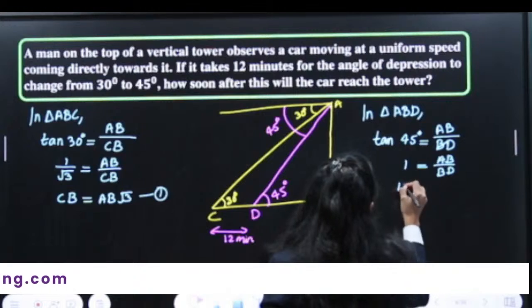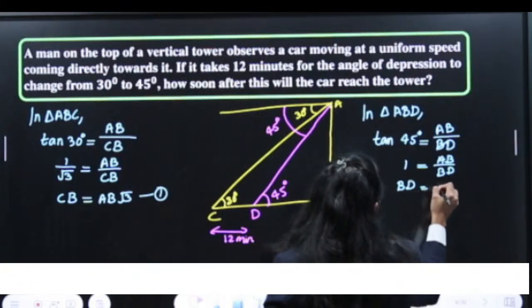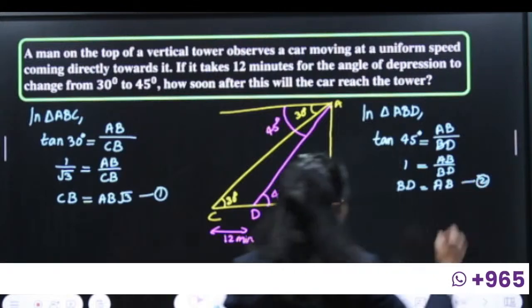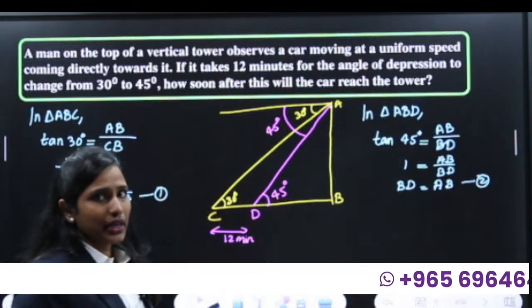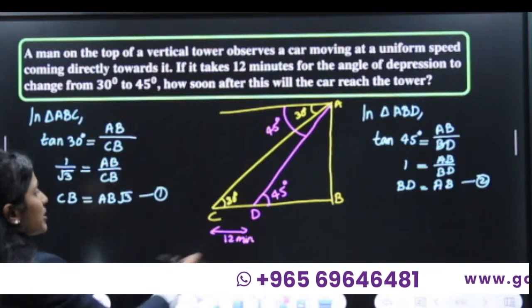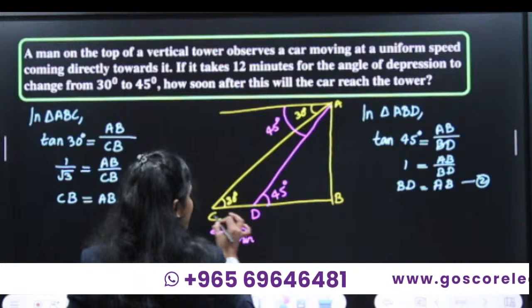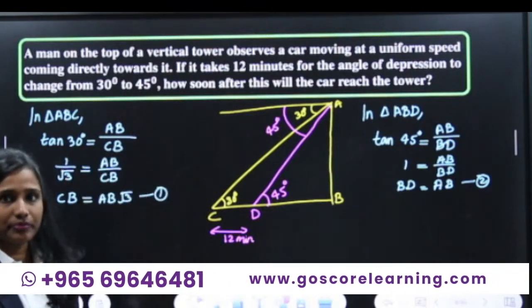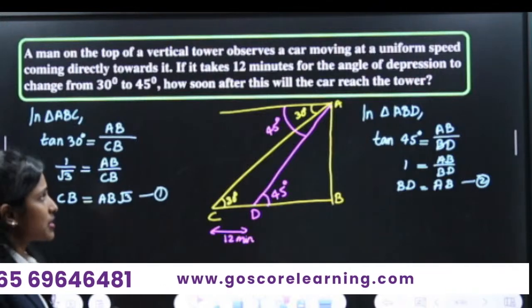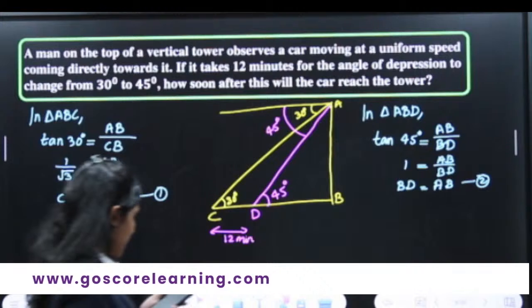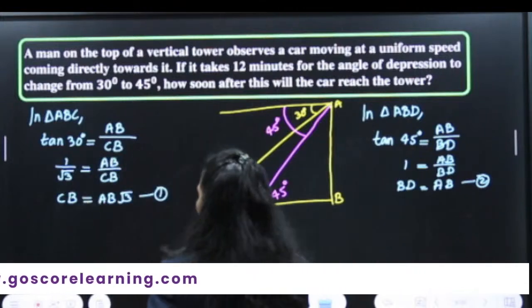So we get BD equal to AB. This is our second equation. So we got CB equal to AB root 3 and BD equal to AB. That means each distance, CB and BD, we got in terms of AB, the height of the tower. Now we have two equations.